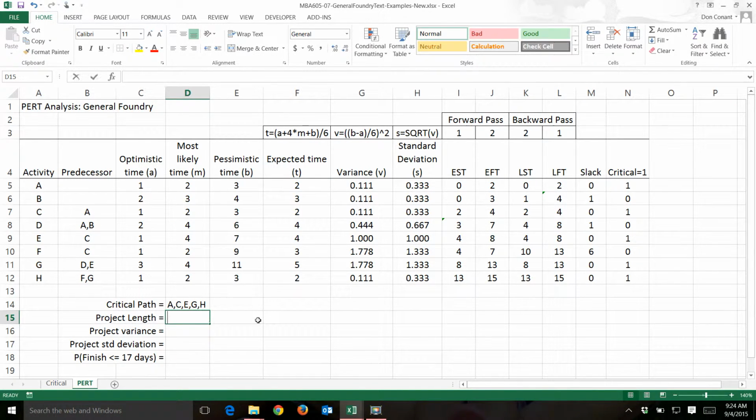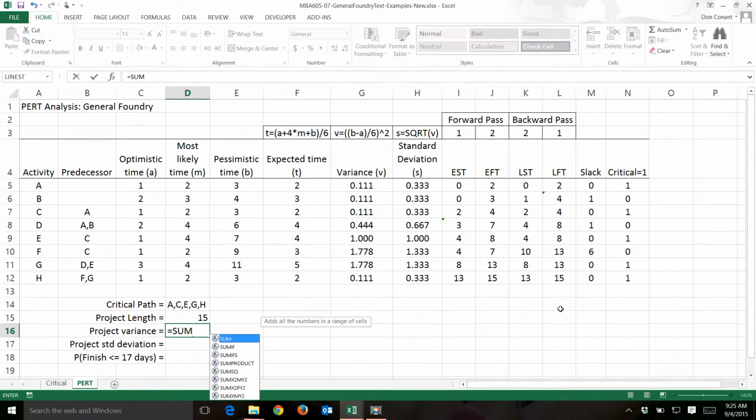The project length is always found here in the latest finish time for an end node. The project variance equals the sum of the variances for the activities on the critical path. That's one of the reasons I use a 1 here. It allows me to use the sumif function. So if this changes, sumif, here's my range.